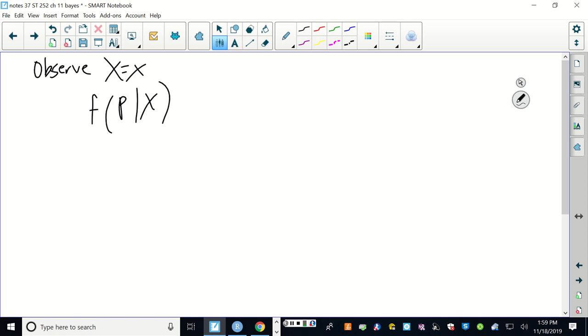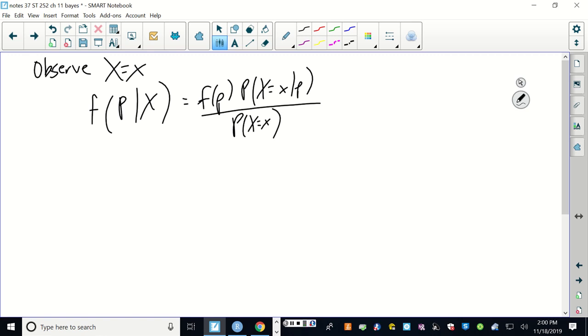Well, let's see. We can build this up a little bit. There's going to be a density for p, and there's a probability that x equals some value given p. This is mixing a continuous and a discrete one, so there's a little different notation, but it's okay. And then a probability that x equals some value in there.